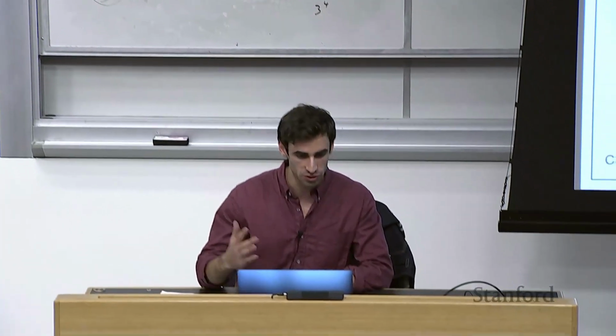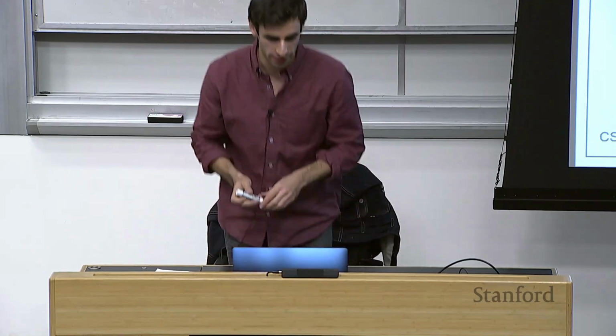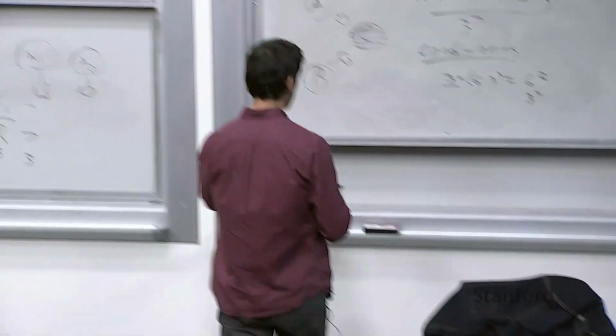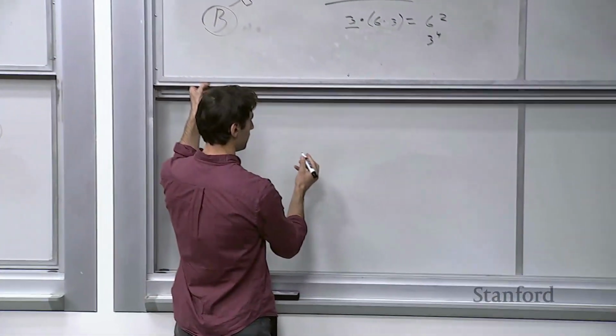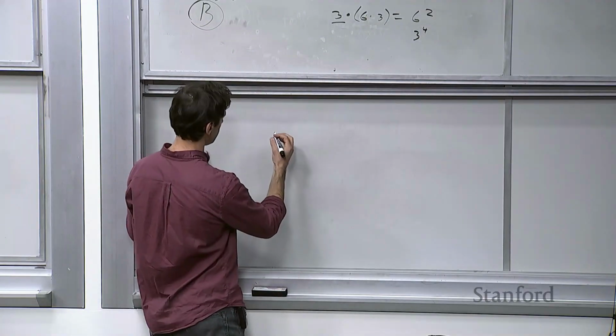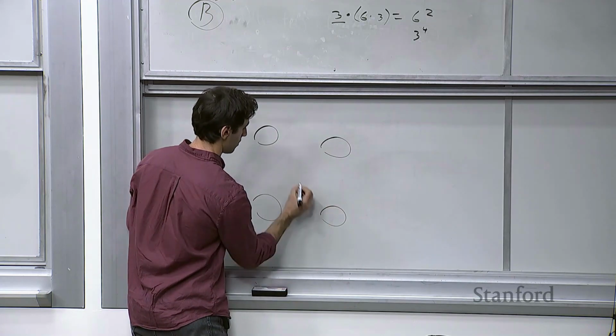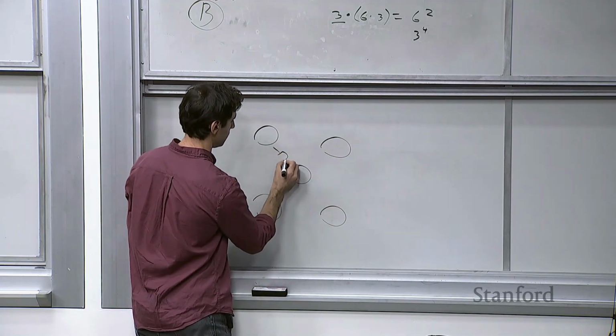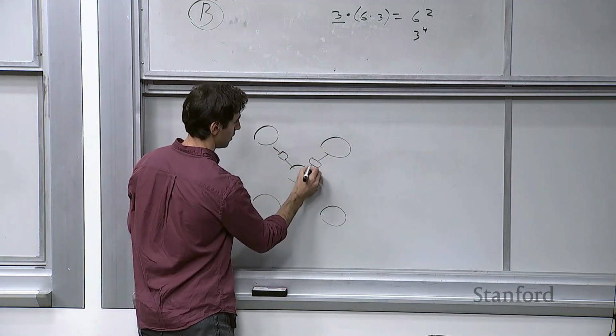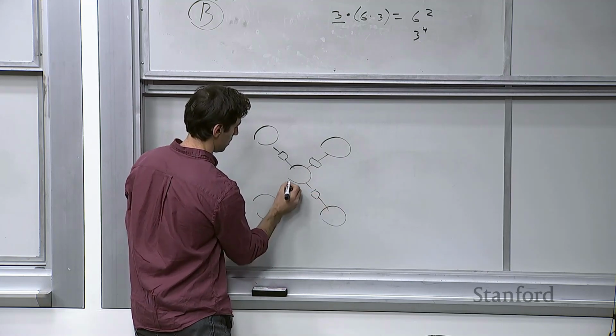OK, so there's this question, which I think is cool. If we have some kind of a star-shaped graph, let's say we have a setup like this, with a bunch of factors going into our hub.